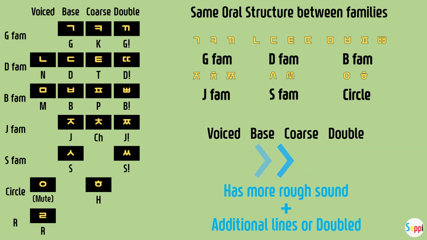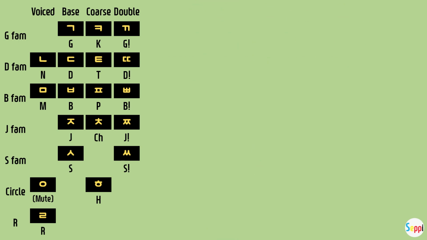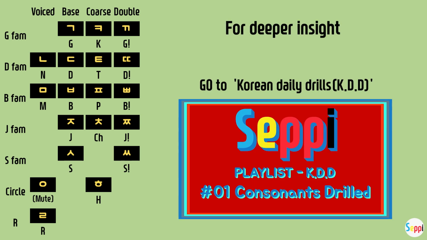Appearance-wise, it has additional lines, and sound-wise, it becomes stronger. Though not exactly identical, most consonants can be understood by substituting English letters in the initial phase of learning. However, special attention and care is required for Korean R and double consonants, for they have no English correspondence at all.